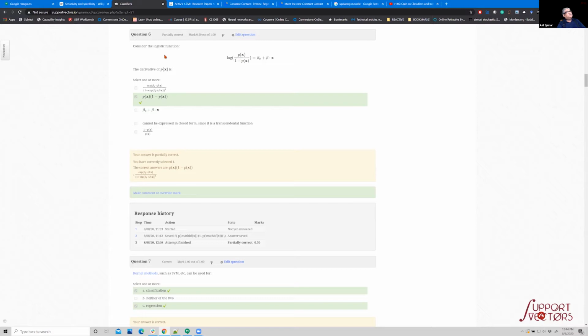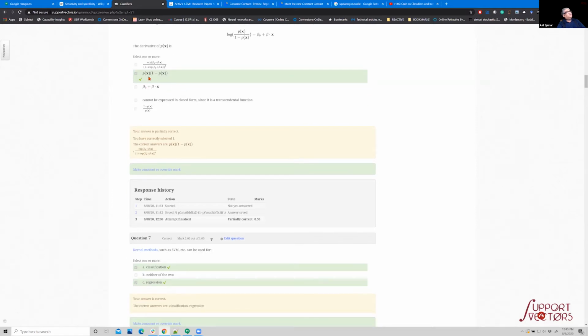If you have a logistic regression equation, the derivative of P in this equation you can write in terms of P or you can write in terms of X. So you wrote it in terms of P, this is correct, but this one is also correct.